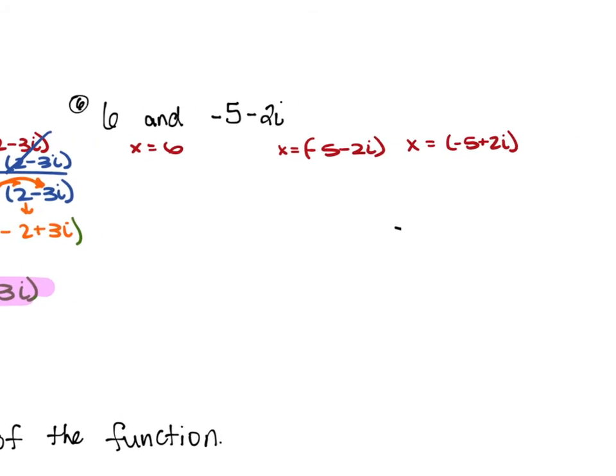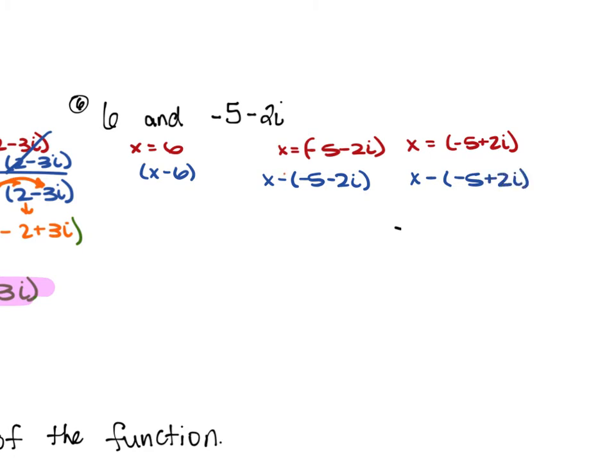So that x is equal to 6, that's x minus 6. The x is equal to negative 5 minus 2i. We're going to subtract this from each side, so it's going to give us x minus, parentheses, negative 5 minus 2i. And then same with the other. The x is equal to negative 5 plus 2i. We're going to subtract that from each side, so it's going to be x minus, parentheses, negative 5 plus 2i.